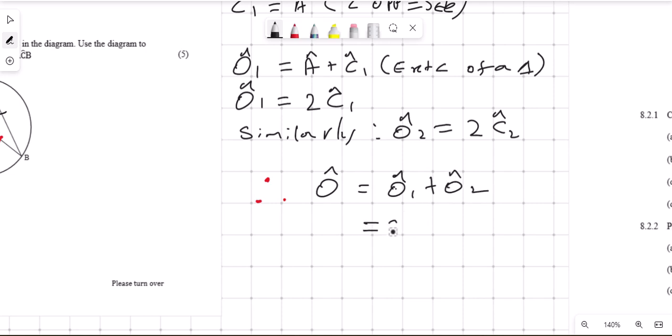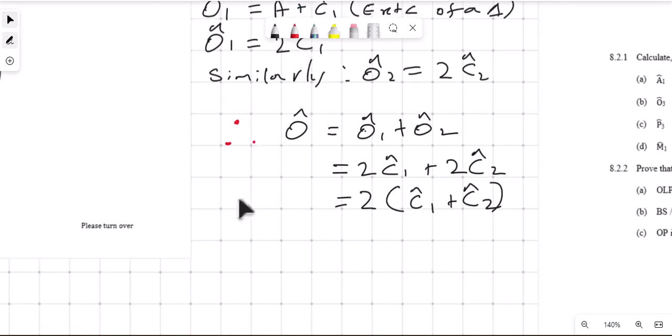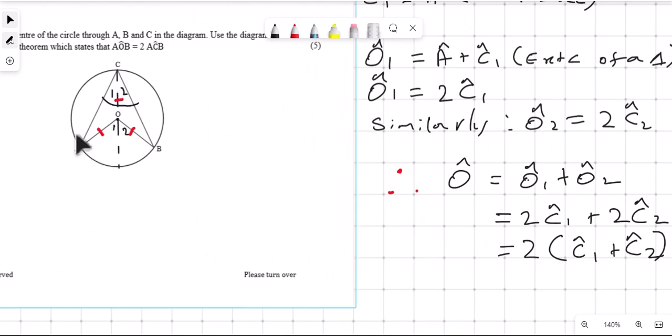This is equals to 2C1 plus 2C2. Is that correct? Yes. Taking out the highest common factor, C1 plus C2. Is this correct? Yes. Okay. Then what is C1 plus C2? That is ACP. Is that correct? Yes.